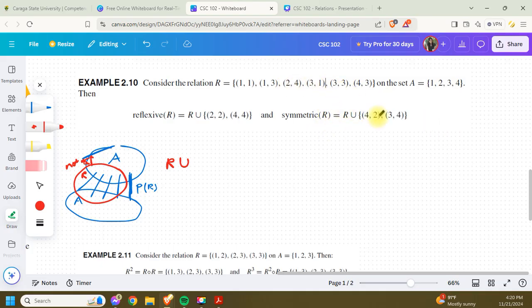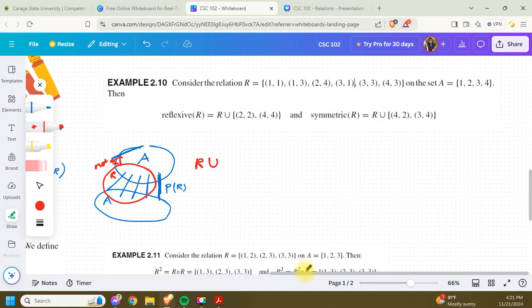Okay, this one is similar as well. To make this relation symmetric, we added 4, 2, and 3, 4. So technically, the problem here is what elements or what relationship will you add to a certain existing relation to make it reflexive or to make it symmetric.